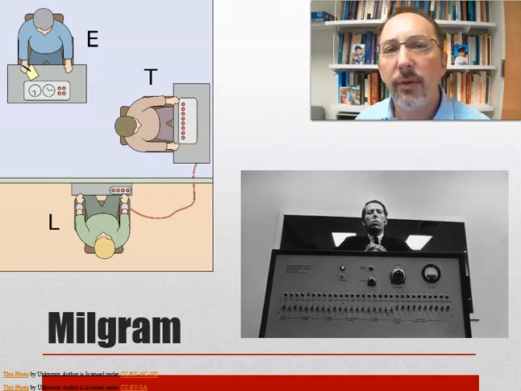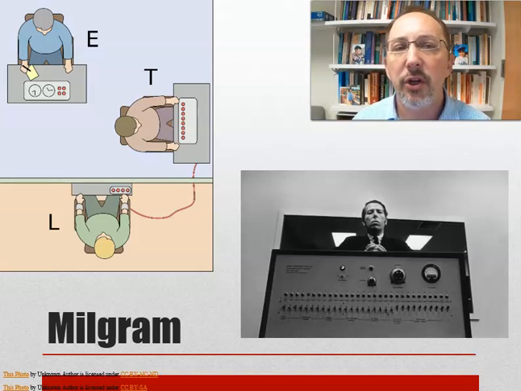Milgram was also influenced by a book called Eichmann in Jerusalem by Hannah Arendt. The book was about Adolf Eichmann, who was a functionary who helped to send Jews to their deaths. And he wanted to do a good job. When he was testifying before his execution, he was talking about how he was great at his job.